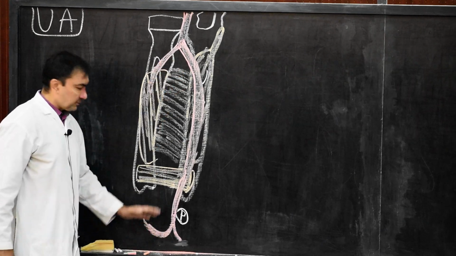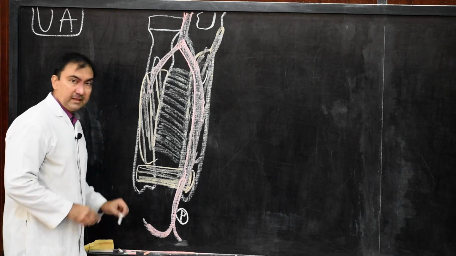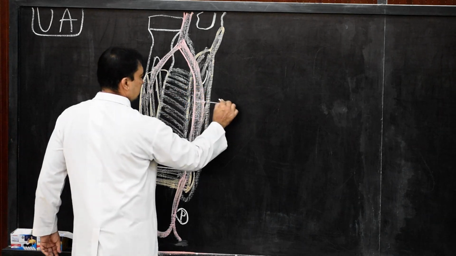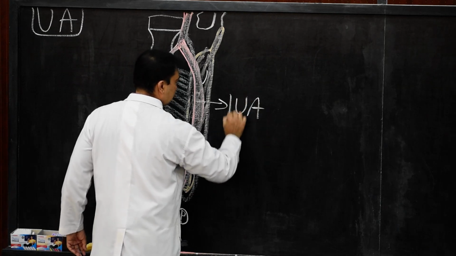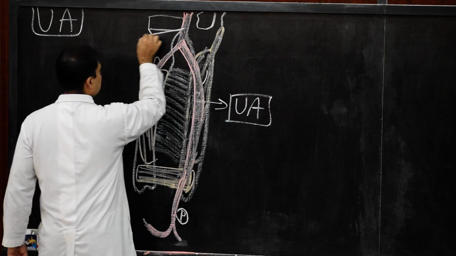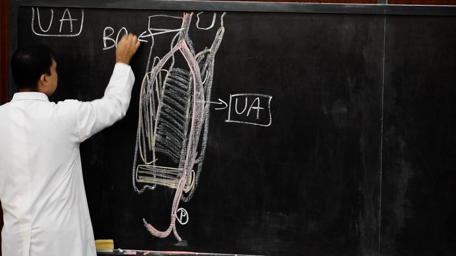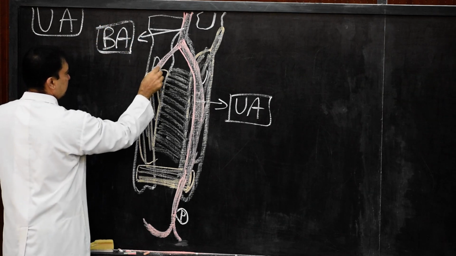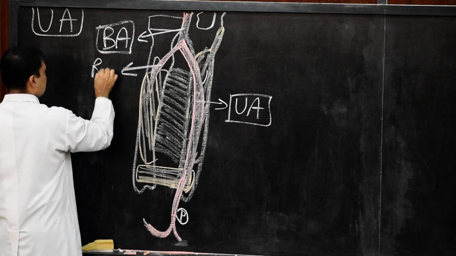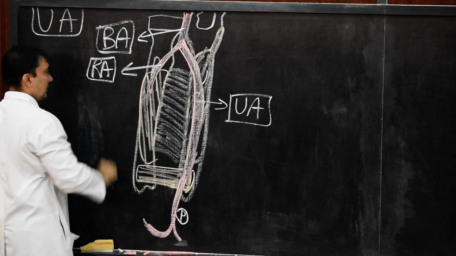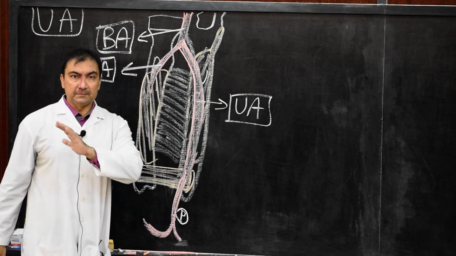This is the entire course of the ulnar artery. And here we are going to name this. First the ulnar artery, then the brachial artery, and the radial artery. Now we are going to trace the entire course.